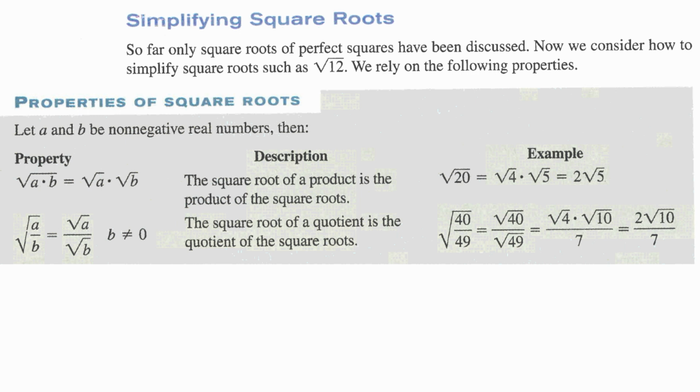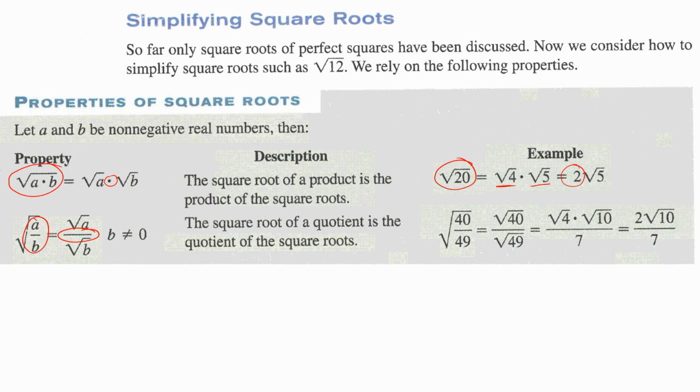Okay. All right, so simplifying square roots, we can break things up. If you are able to multiply inside, you can multiply outside. If you are able to divide inside, you can divide outside of your radicals. For instance, the square root of 20 can be broken down into the square root of 4 and 5. Why is that important? Because the square root of 4 is a perfect square. So we get to write 2 rad 5.